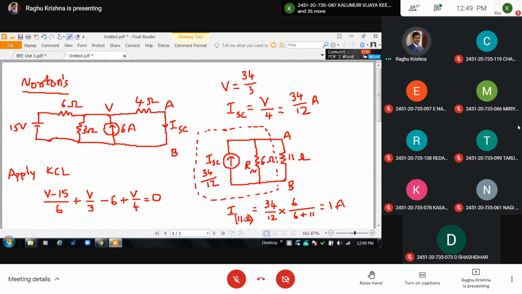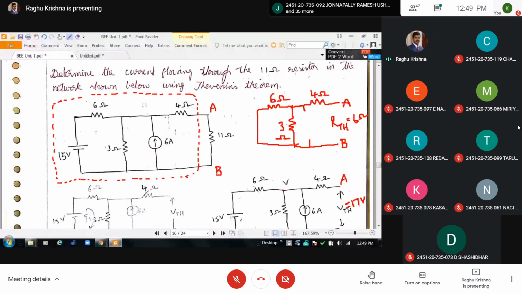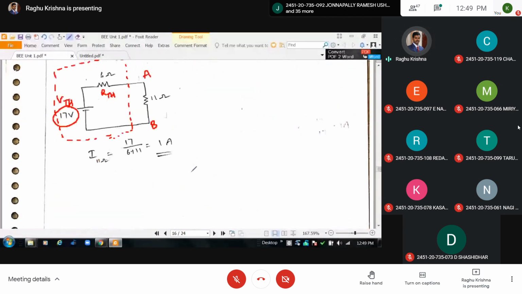One important point: we take Thevenin's theorem, the two-terminal network. What are the two terminals? A and B are the two terminals. The two-terminal network is replaced by a voltage source in series with the resistance RTH, and I am going to find out the current flowing through the 11 ohm resistance.